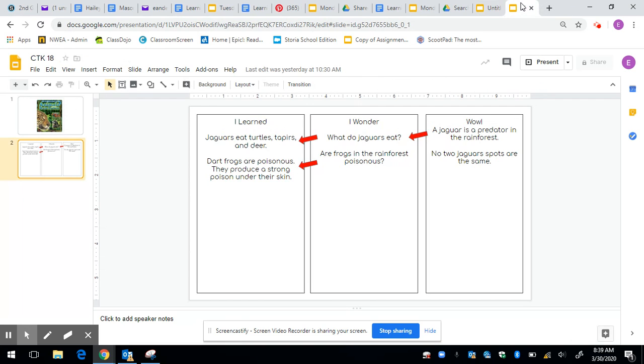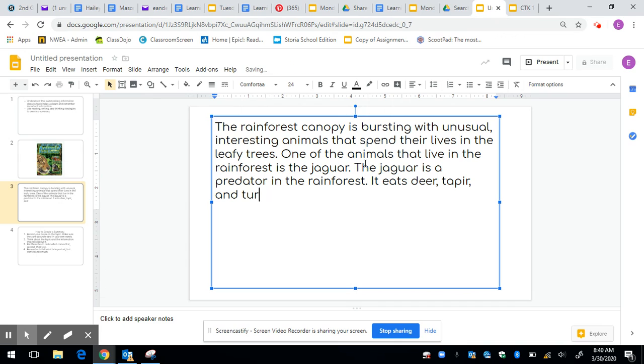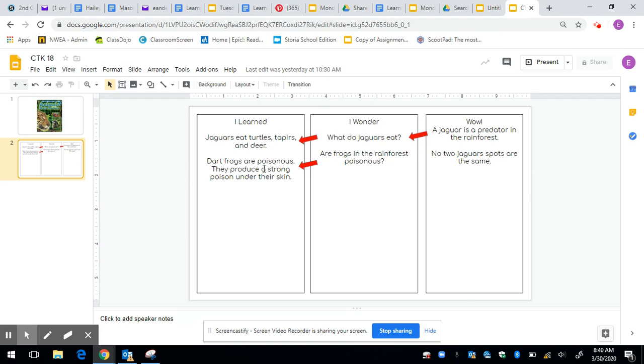I believe so. Let me make sure. And turtles, yes. And turtles. Okay, so I summarized what I learned and what I thought was interesting about the jaguar. Then my other animal was the dart frog. I started just saying something about frogs, and then I learned that it's called a dart frog, and I learned that they produce a strong poison under their skin.